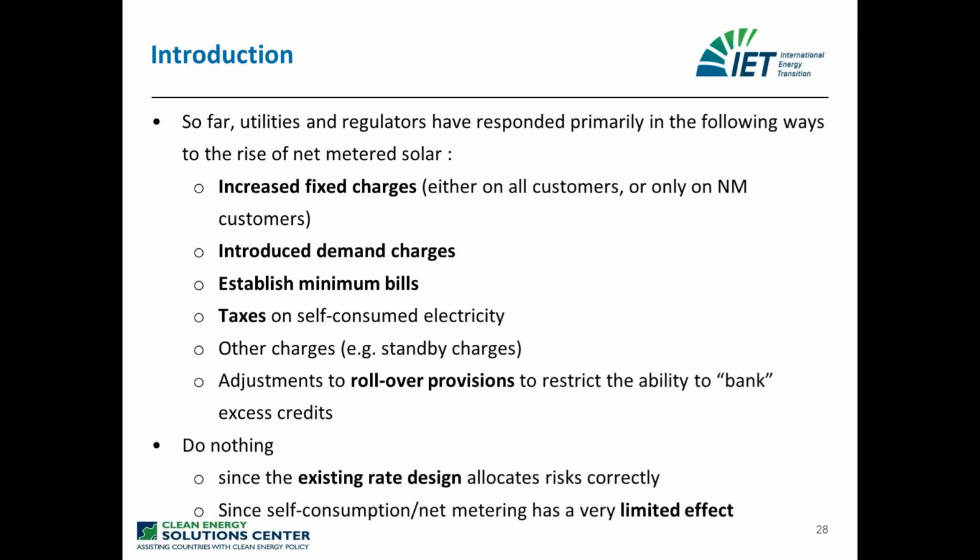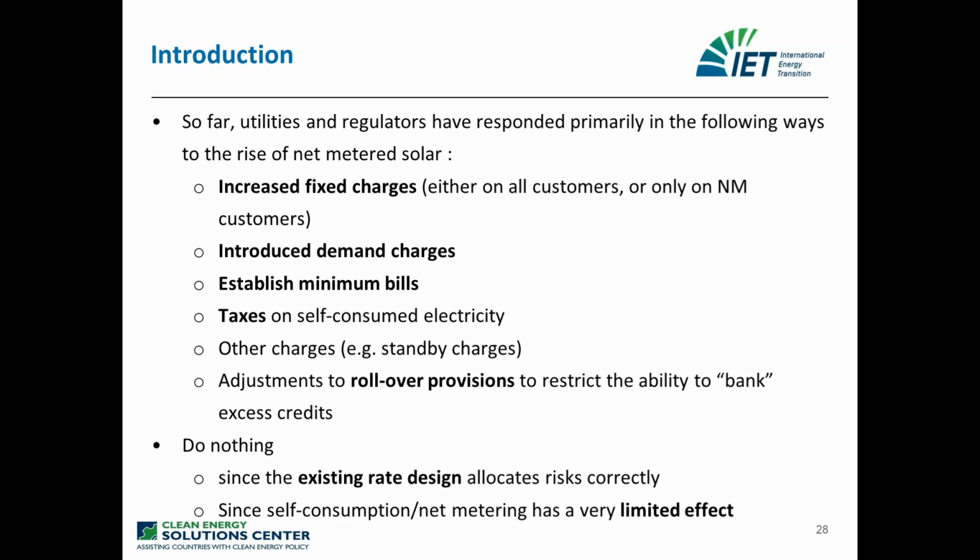Some jurisdictions, especially in the US, also have minimum bills, so that even though you produce 80% of the electricity on your own with your own solar PV system, you would still have a minimum charge, let's say, of $15 per month. So with these fixed minimum bills, even though you have not consumed this amount of electricity, you would still contribute with your fixed payment to refinancing the hardware of the system.